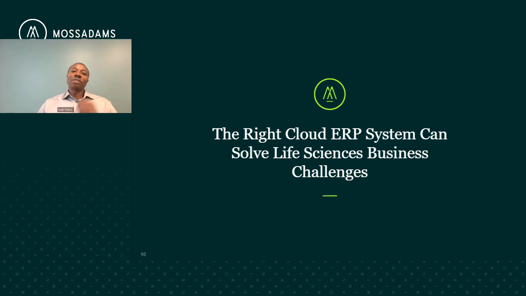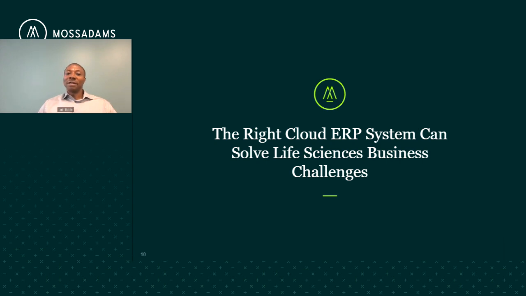The right cloud ERP system can help life science companies solve these system challenges. As a life science company grows, it becomes imperative that it transitions from being technologically averse to working in an agile, collaborative manner.